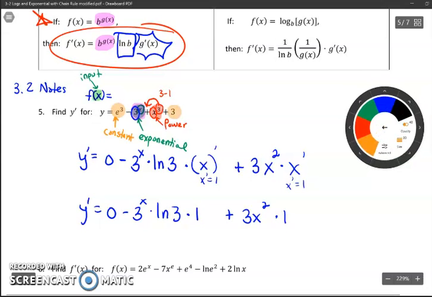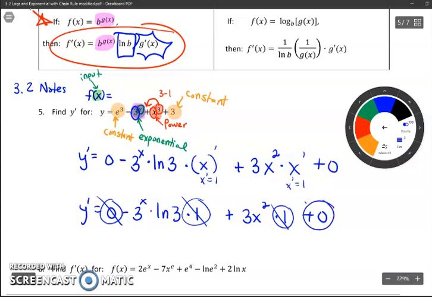Where is the input x being sent? That's right, nowhere. It is a constant. And the derivative of a constant is just going to be 0. Okay, so we're going to add 0 in my derivative. So now we can clean this up even further because multiplying by 1 doesn't really do anything, and adding or subtracting zeros don't really do anything.